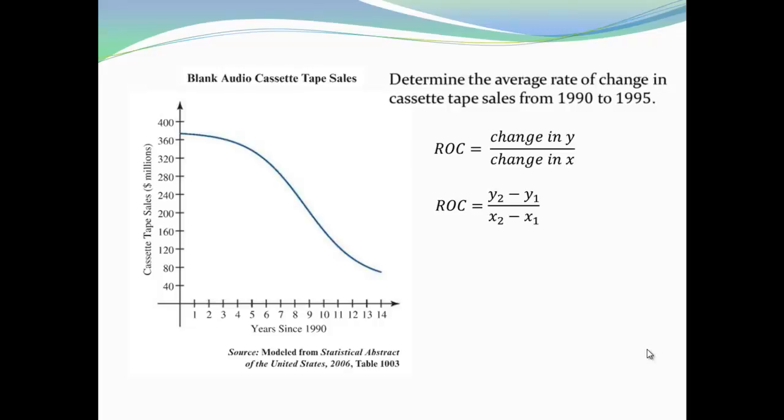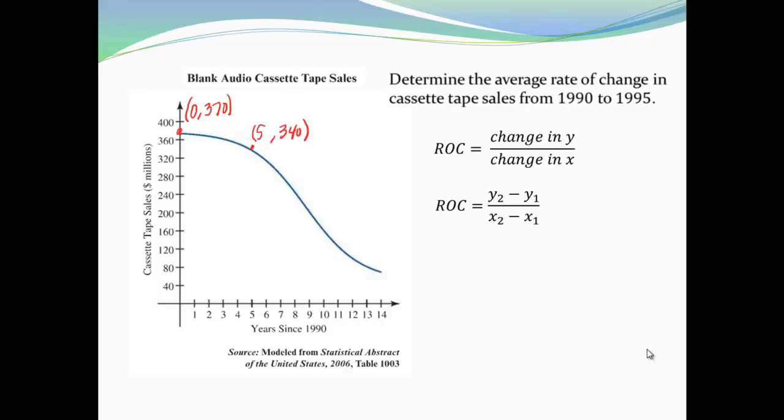Our graph shows on the Y-axis the cassette tape sales, and on the X-axis the years since 1990. So this point here, 0, and I guesstimated it to be $370 million in sales. That point corresponds to 1990.